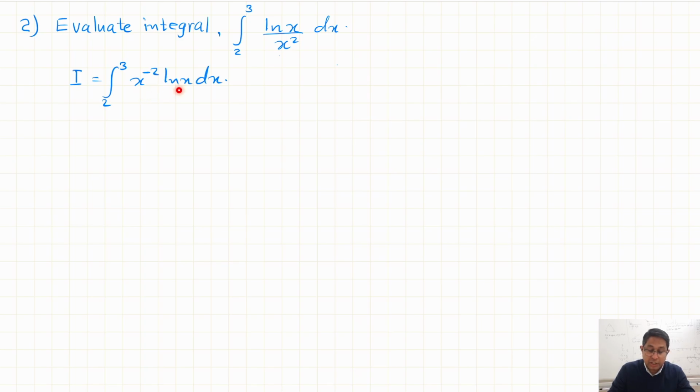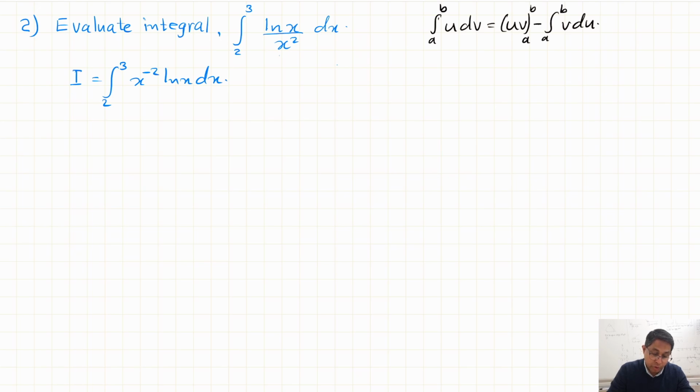To find this integral, you have to use the integration by parts method. Remember, integral of u dv equals uv minus integral of v du. When you integrate with limits, you have to substitute the limits.